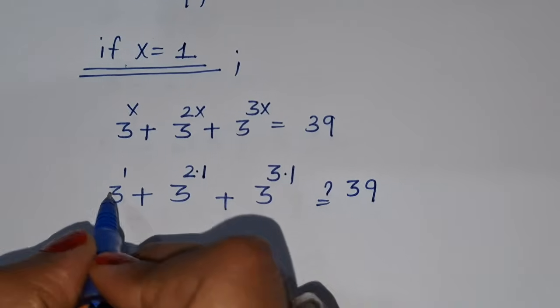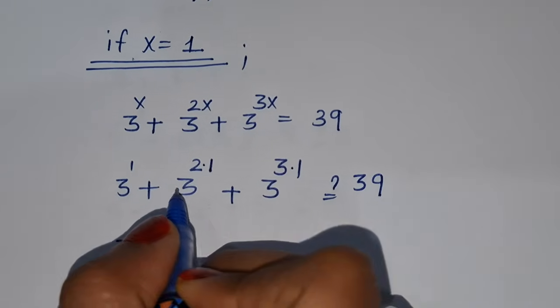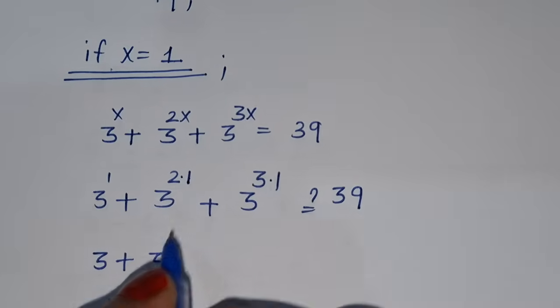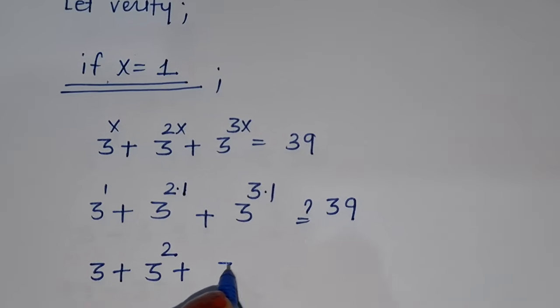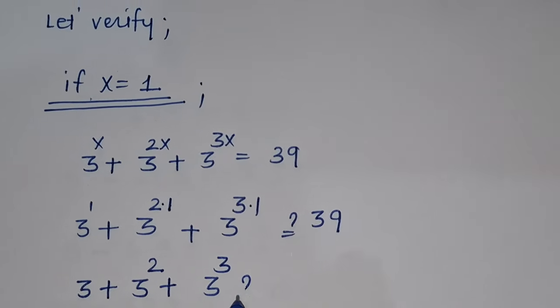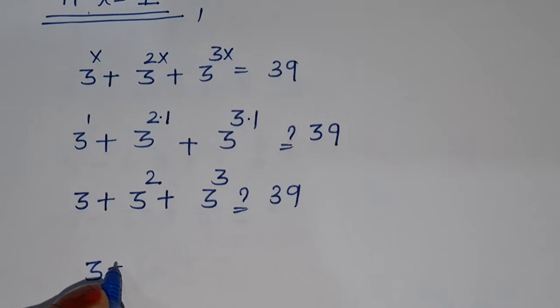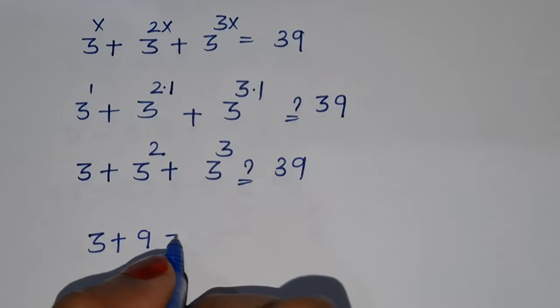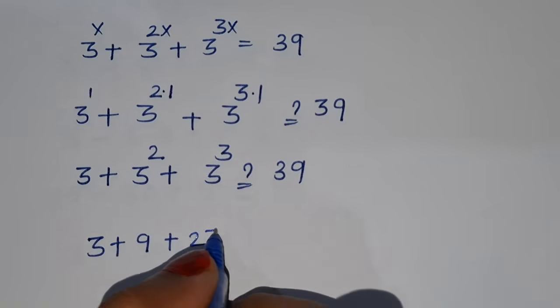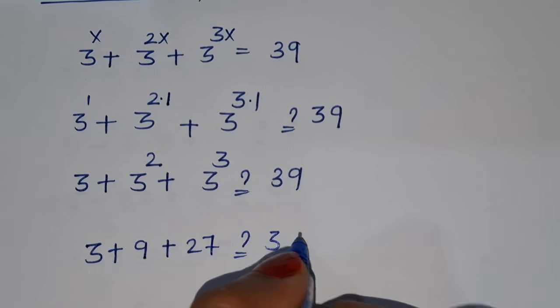Now 3^1 becomes 3, plus 3^2 is 9, plus 3^3 is 27, equals 39?